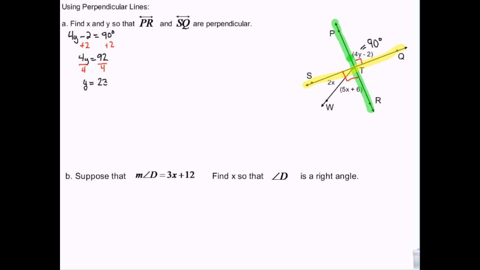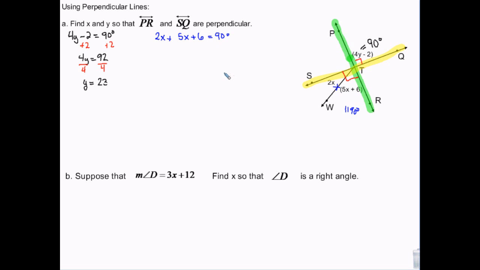Okay. On this next one, I want it to equal 90 also, but I have two angles in here, so I have to add those together to get them to equal 90. So I have 2x plus 5x plus 6. And I want that to equal 90. Does that make sense? Okay.